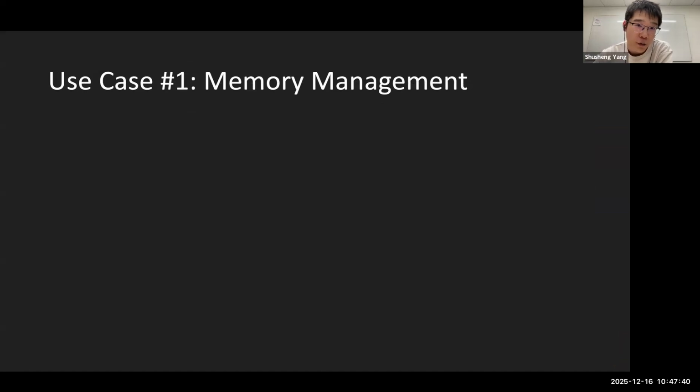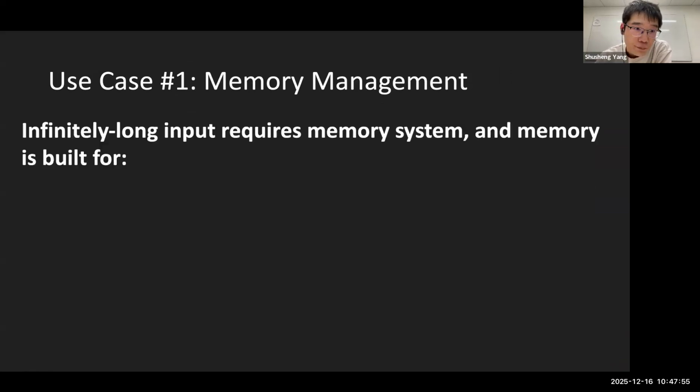Here we provide two case studies on how we use this surprise to solve the VSI-SUPER task. The first case is we use the surprise to build a memory management system. For infinite long video input, we know it requires a memory system to process such video.